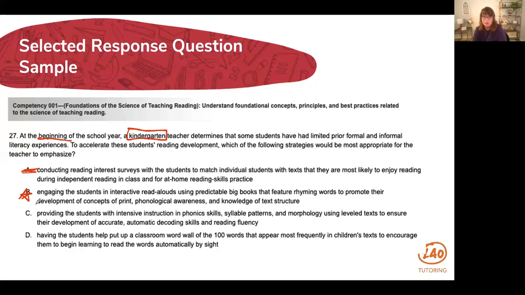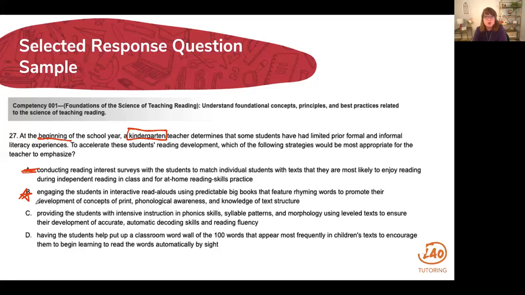And I'm going to go ahead and read D because they're similar in an aspect. D, having students help put up a classroom word wall of the 100 words that appear most frequently in children's text to encourage them to begin learning to read words automatically by sight. Guys, C and D are both best practice. They really are.